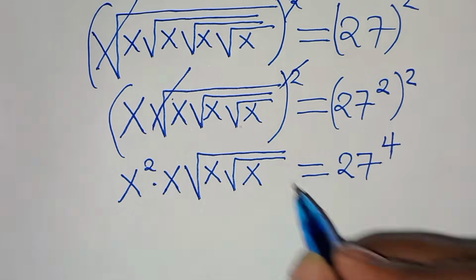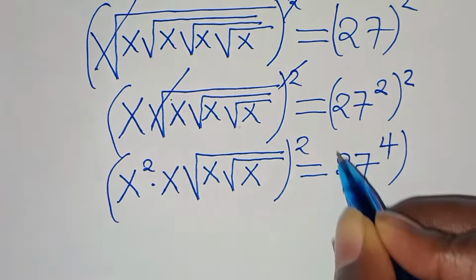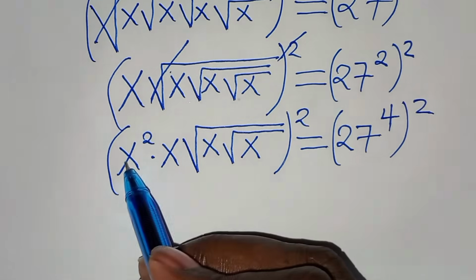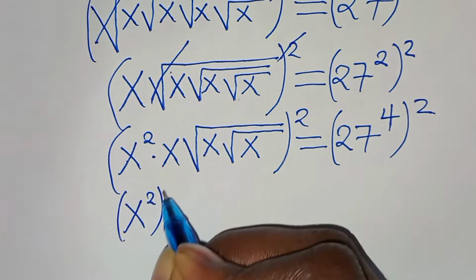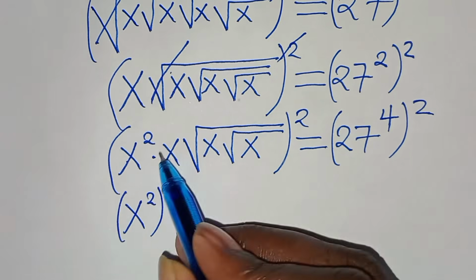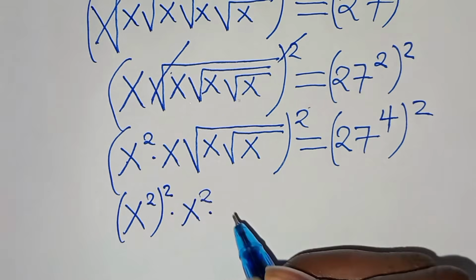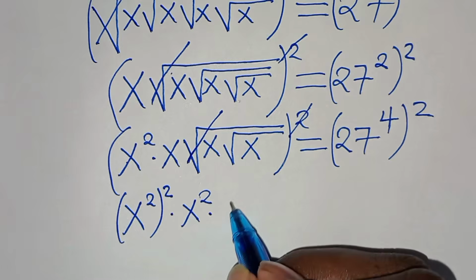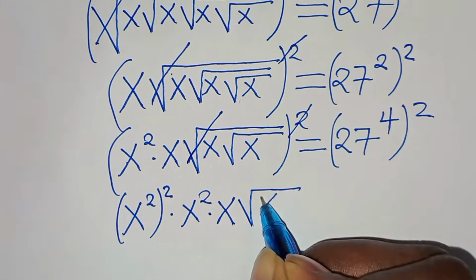The next step again here is to square both sides so that now we have here x to the power of 2 raised to the power of 2 times x here raised to the power of 2. Then we eliminate the third square root sign. So this means that we multiply here by x, then multiplying by square root of x.